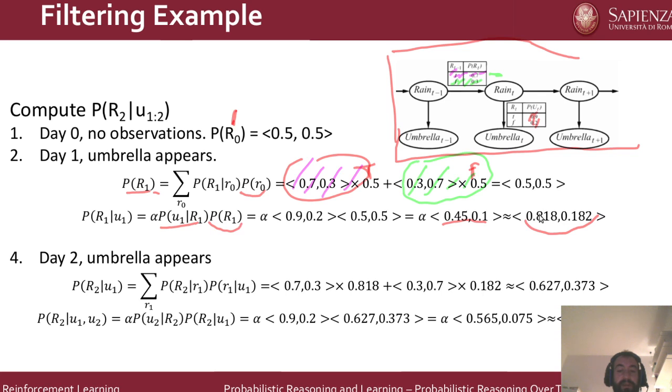Okay, so this is our new current estimate: the probability of R1 being true and the probability of R1 being false given the observation at day 1. Now this was yesterday. Now we are at today.